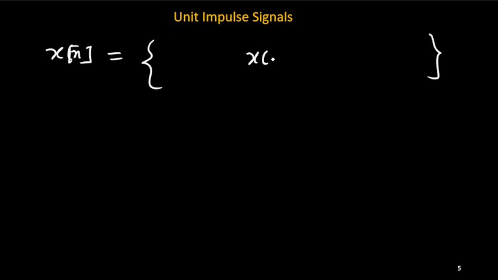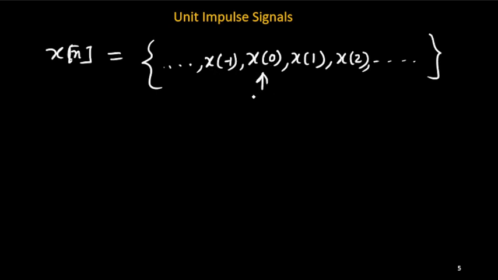So suppose at 0 it is x of 0, and then it can have x of 1, then sample will be x of 2, like that we are considering. And this side it is x of minus 1, like that. So this is the sample at n equals to 0.